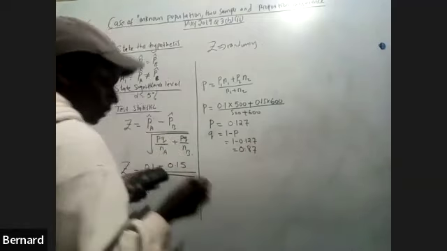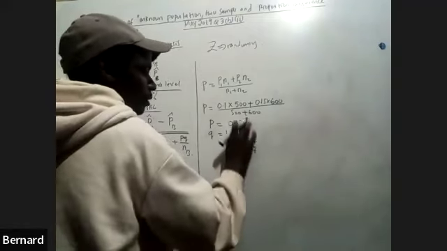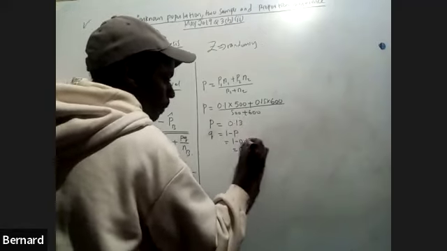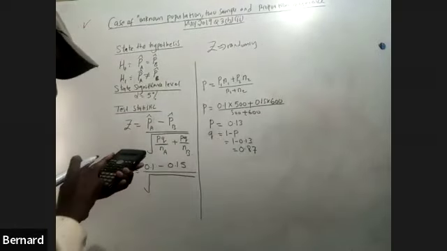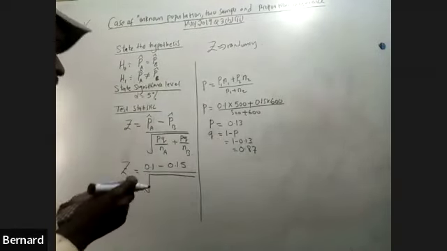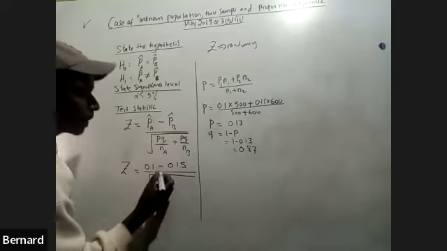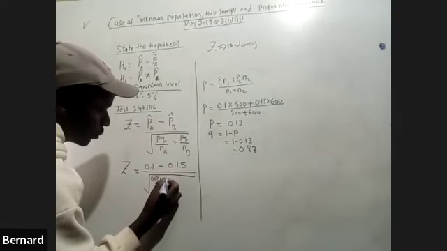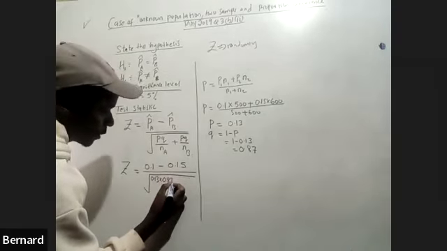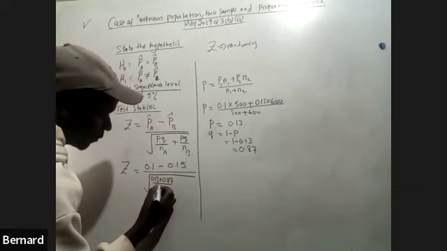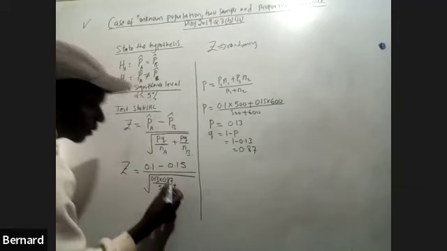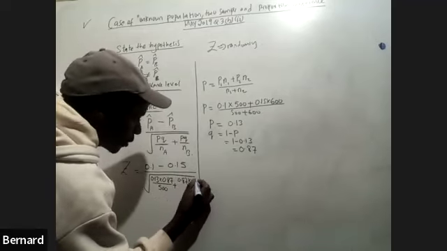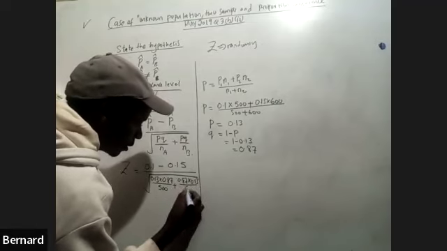Let's round it to decimal places: P is 0.13 and Q is 0.87. So we have 0.13 times 0.87 over 500 plus 0.87 times 0.13 divided by 600.